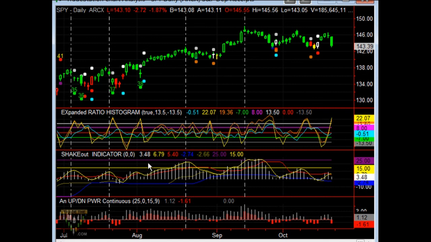Now, what are the yellow and purple lines? Well, the yellow line is our warning line, because unlike your regular oscillators that get overbought after sometimes very quick moves or single large moves, we don't get overbought until we're starting to reach this yellow line, and then we really aren't overbought until we've reached this purple 25 line.